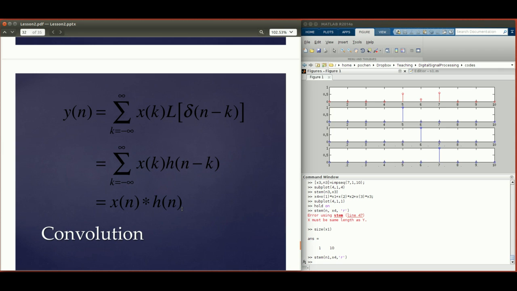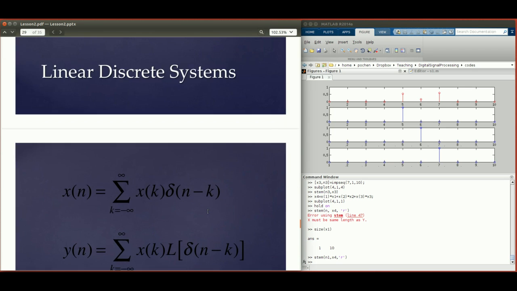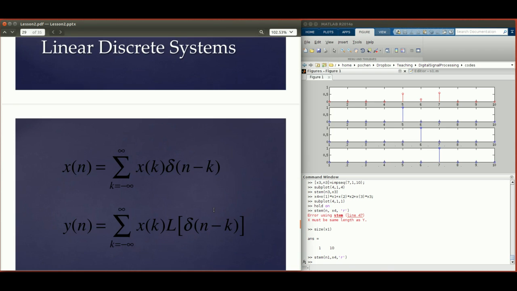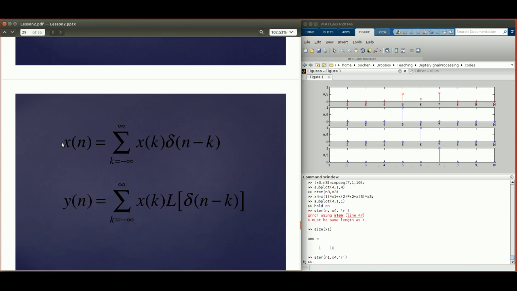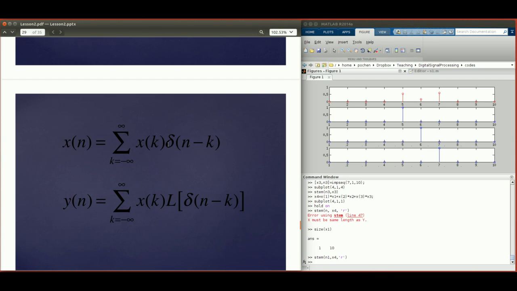So if we look back, what convolution actually means is that if you can represent the input signal as a linear superposition of impulse sequences, or shifted impulse sequences, which is always possible, then the output signal yn for a linear time invariant system is going to be a linear superposition of shifted impulse responses.